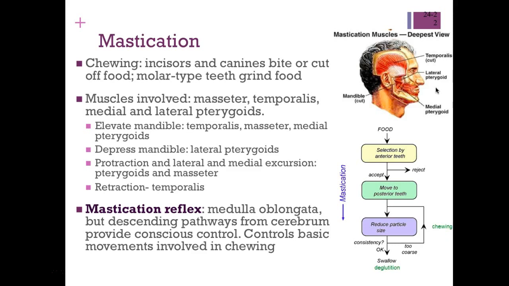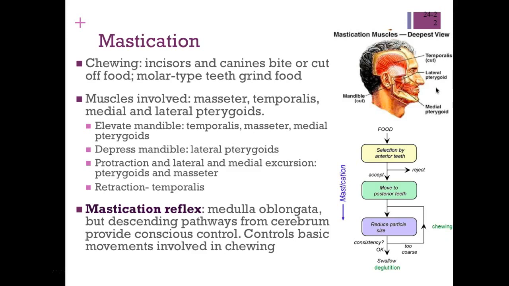And in order to protract the mandible, meaning you're bringing your chin anteriorly, or lateral or medial excursion, so moving your jaw from side to side, we're going to use your pterygoids as well as your masseter muscle for that. And then to retract your chin, meaning bringing it back into place from pulling your chin out, would be retraction.